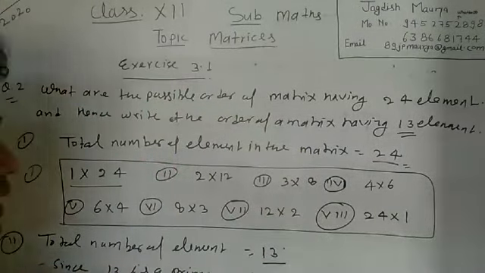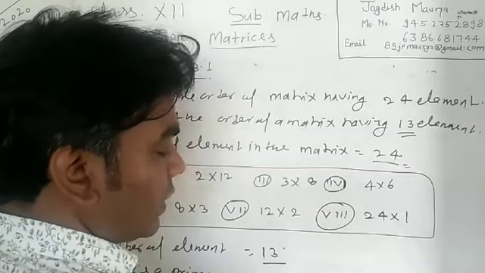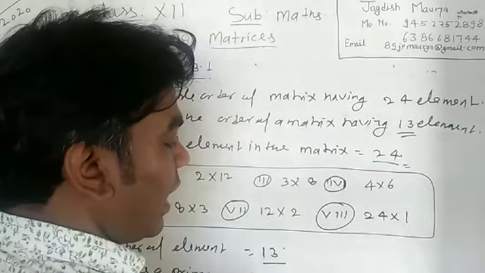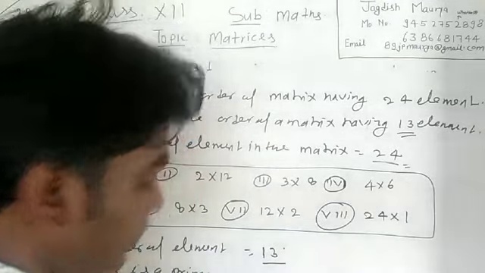There are two possible orders. The matrix has either 1 row and 13 columns, or 13 rows and 1 column.